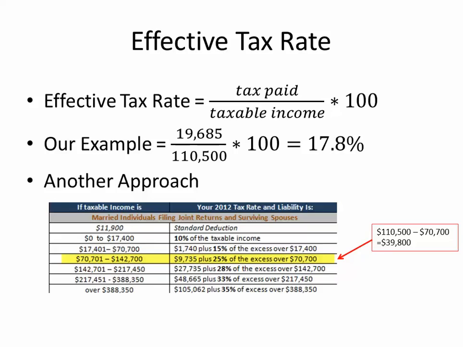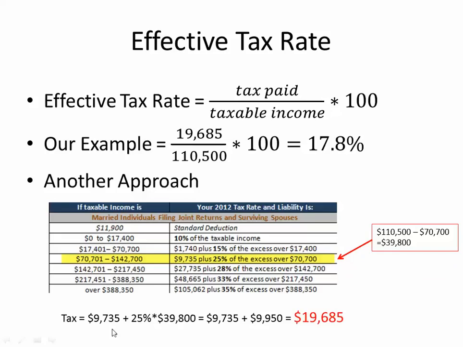So another way to do it is to figure out how much beyond the second marginal rate you are. From 70,700 to 110,500, that's $39,800. Figure out what 25% of that is and add it to the 9,735 that you already accumulated, because you were in the third margin, so you had a fixed amount for the first margin and a fixed amount for the second margin.